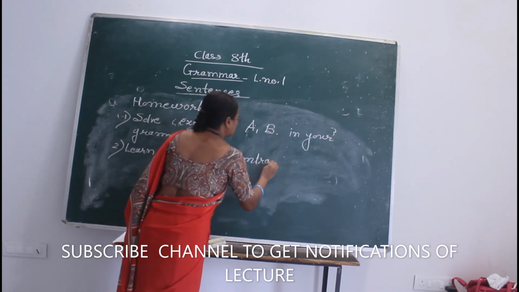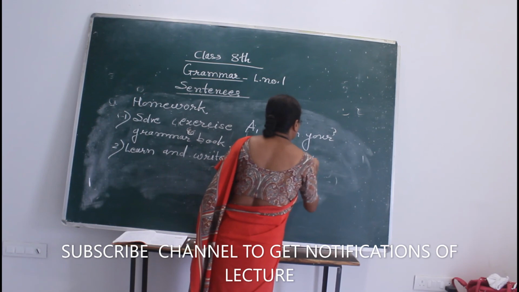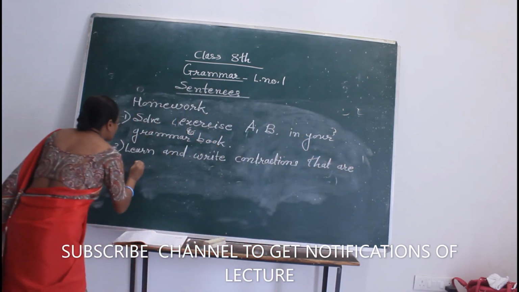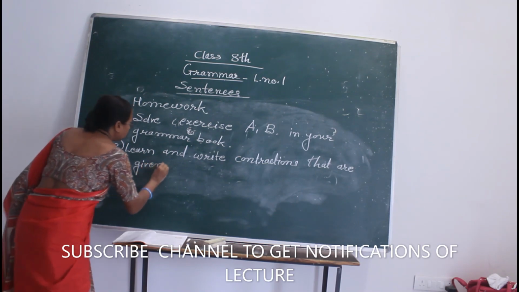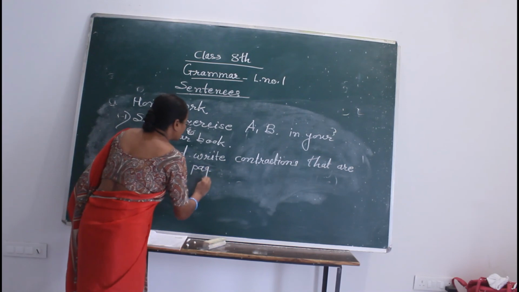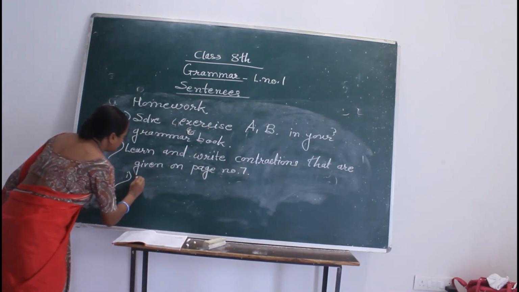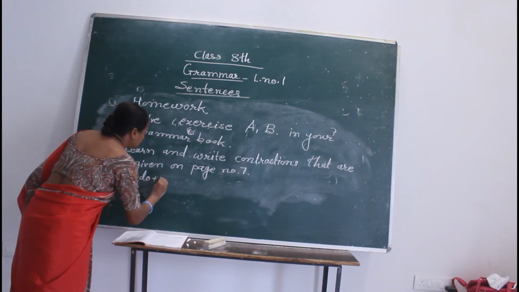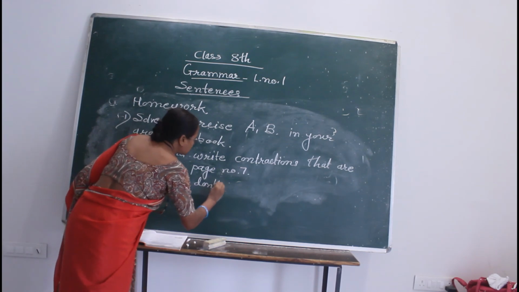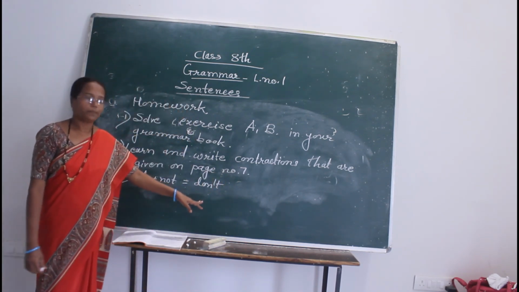Contractions means short forms, abbreviated forms. Contractions that are given on page number 7. I will write an example here for your better understanding: do plus not becomes don't. So there are such abbreviations, such short forms, you have to learn and write them in your copy. That's it.